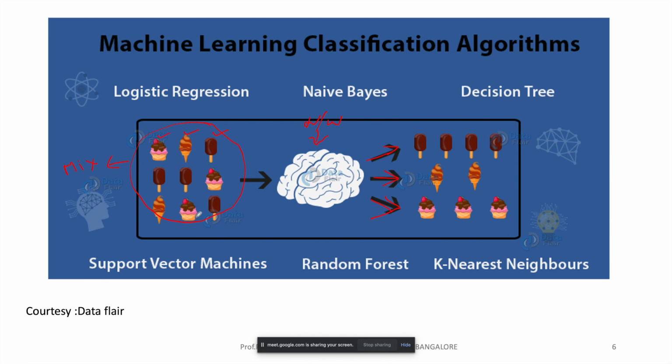You have mixed all different ice cream flavors, but it's very difficult to classify at this stage. When you give it to the network, like in the previous module we saw how the network is designed, like ANN, it gives you proper output after classifying.